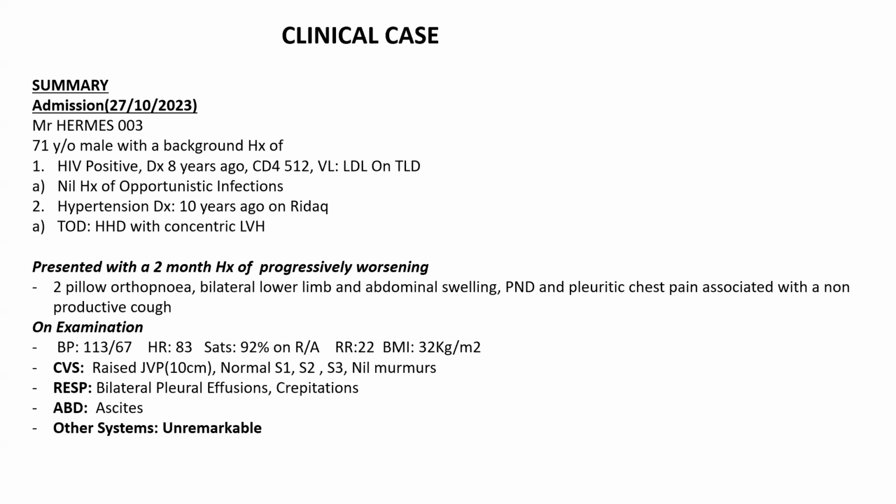His cardiovascular exam revealed a raised JVP, normal S1, S2, and a third heart sound, and no murmurs. He had bilateral pleural effusions and scattered crepitations on examination. On abdominal examination, he had ascites. The other systems were unremarkable.